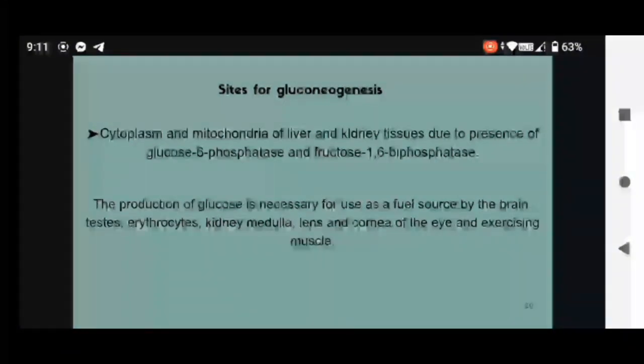Sites for gluconeogenesis: the cytoplasm and mitochondria of liver and kidney tissues, due to the presence of glucose 6-phosphatase and fructose 1,6-bisphosphatase. The production of glucose is necessary for use as a fuel source by the brain, testes, erythrocytes, kidney medulla, lens and cornea of the eye, and exercising muscle.